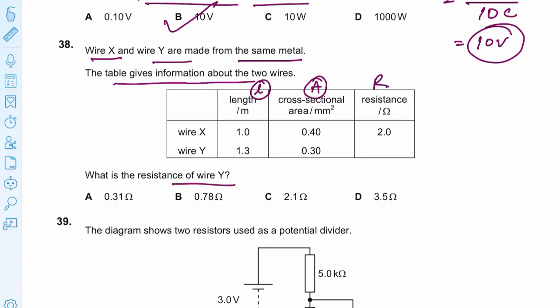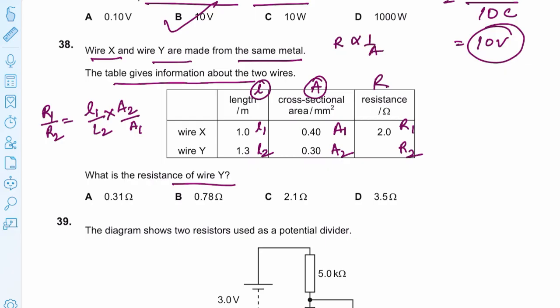If you remember the formula when you compare two resistances, I'm writing L1, L2, area 1, area 2, R1 and R2. R1 over R2 equals L1 over L2 times area 2 over area 1. Why? Because resistance is inversely proportional to area, that's why it is flipped.